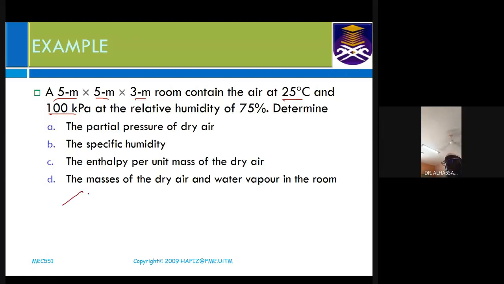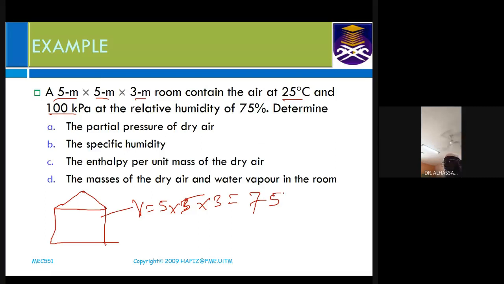So let's sketch the features of the room. The volume of the room is 5 times 5 times 3, which gives 75 meters cubed.